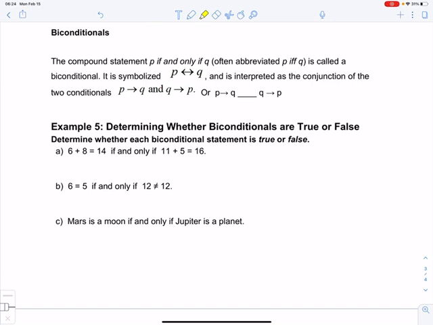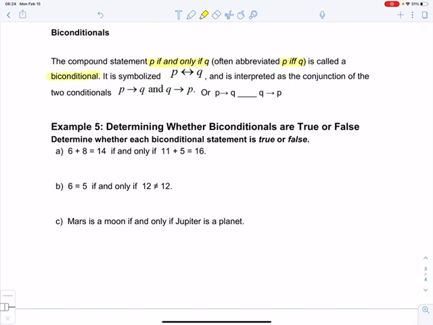So, biconditionals. The compound statement P if and only if Q, often abbreviated as P iff, and you always say "if and only if," is called a biconditional.